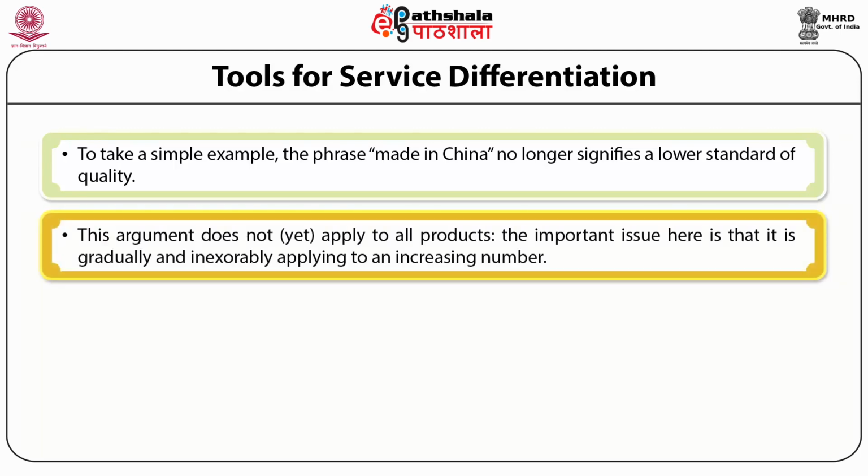This argument does not apply, at least as of now, to all products. The important issue here is that it is gradually being applied to an increasing number of products and services.